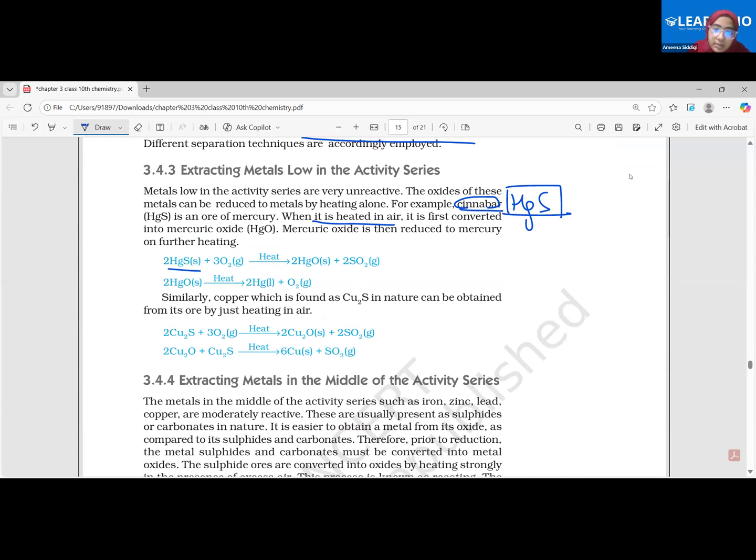No, no, that we are saying for the most reactive metals. Here we are talking about the metals which are low in the reactivity series. So here we are not even using the electrolytic reduction method.